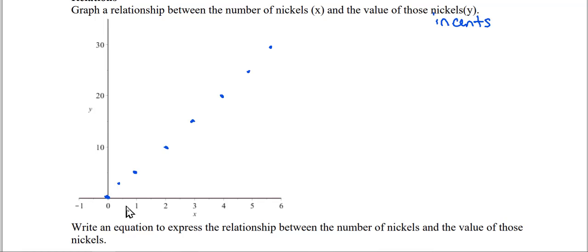You can't trade in half a nickel for 2.5 cents worth of a cheeseburger. So I definitely do not want those points in the middle there. I only want the points on these integer values for x, in fact, natural number values for x. Integers include negatives, and I can't have a negative number of nickels either.